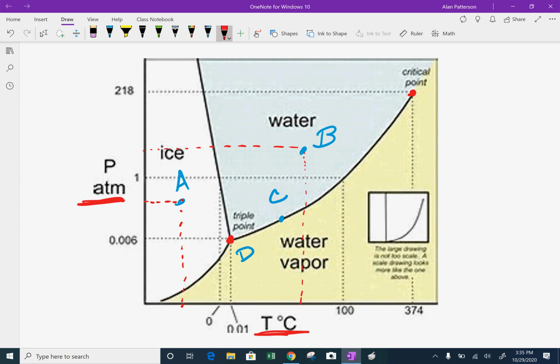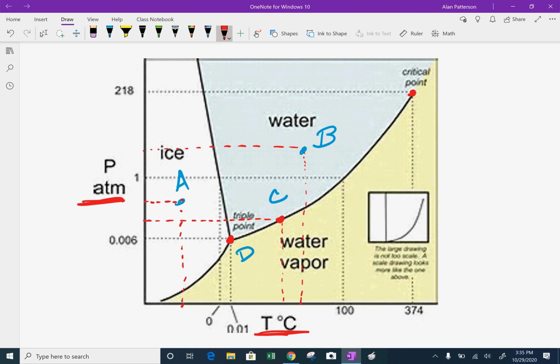Okay, how about C? At point C here, now this is probably closer to room temperature, and pressure, it's going to be pretty low. So a lot of that water is going to want to go into the vapor phase, the gaseous phase. Okay, but we could also have liquid water present. Since we're on the line, we can have 2 states of matter present.